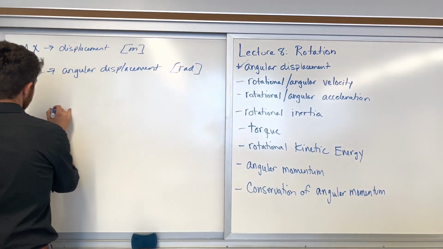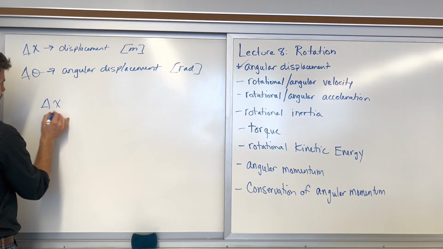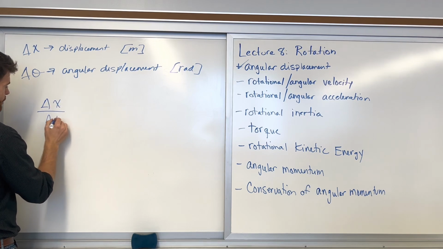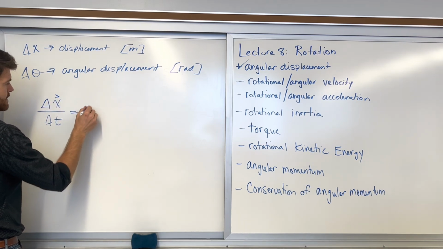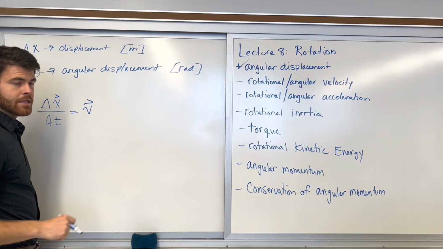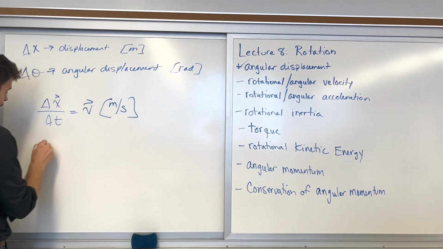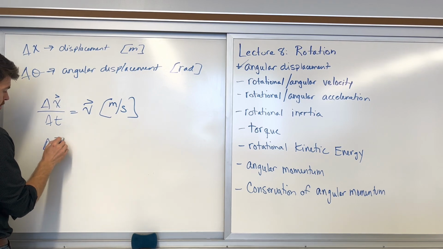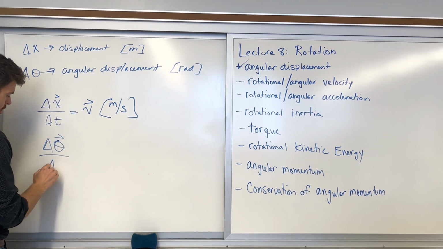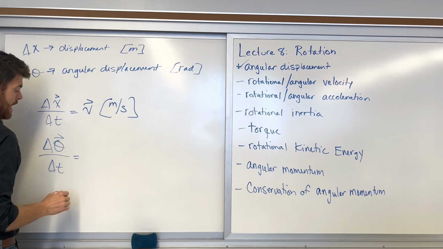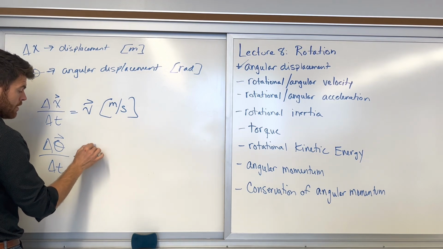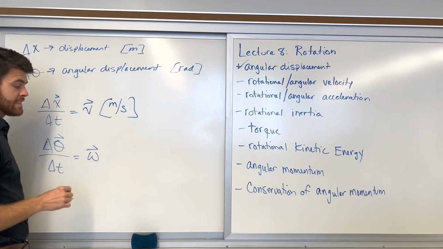Just like change in position or displacement over time gives us a translational velocity measured in meters per second, we have a change in angular position or angular displacement over time. That is what we call angular velocity.